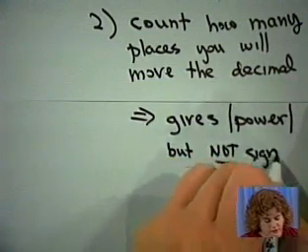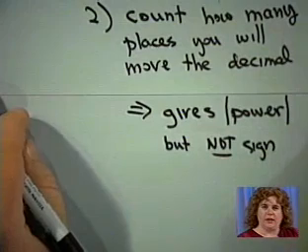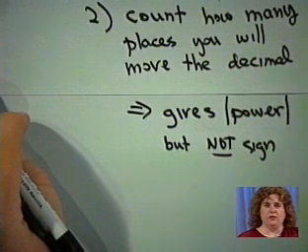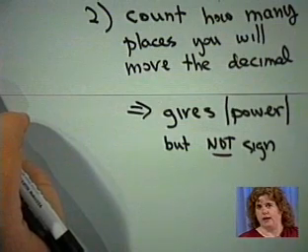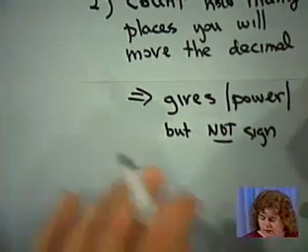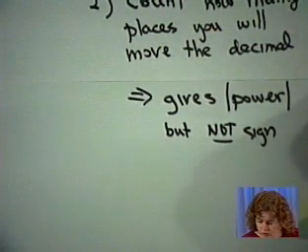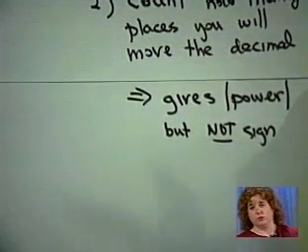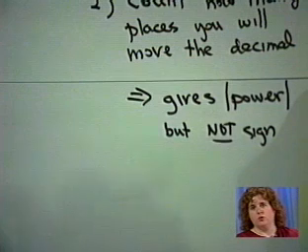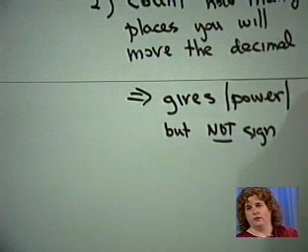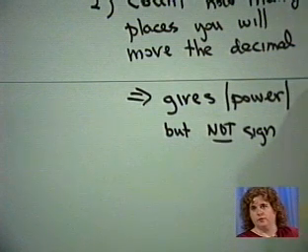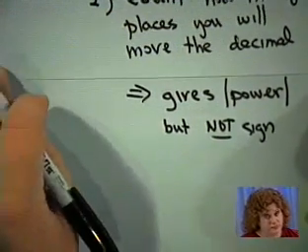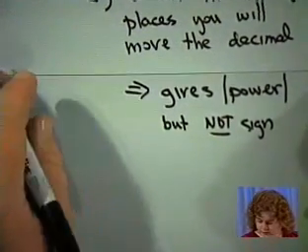In other words, is it going to be a positive or a negative power? 53,000, we had a positive power. 2 millionths, the fraction, we had a negative power. So what we're going to have to do is either recognize that we're working with a fraction or recognize that we're working with a number whose absolute value is greater than 1.